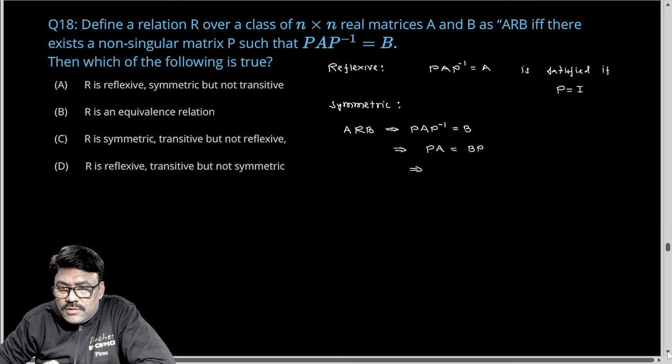Now I can write A is equal to P inverse B P if I multiply by P inverse.